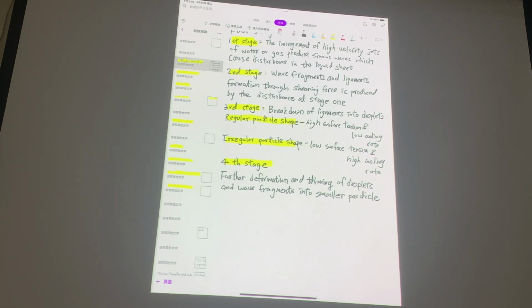Alright? So these are the forming processes where you obtain your particles through atomisation. Alright? Any questions so far?